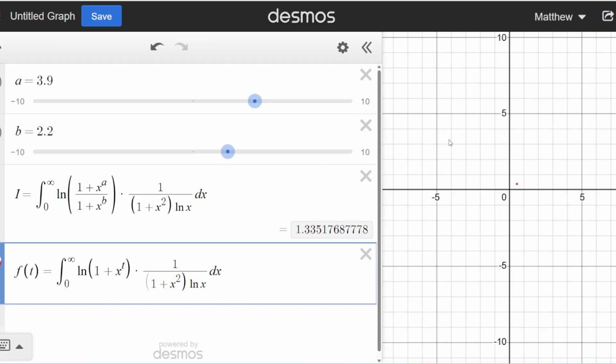Okay, well, that's not really good. It looks like that only converges at one point. So, I'm not going to use that.